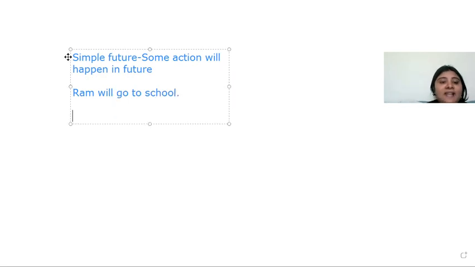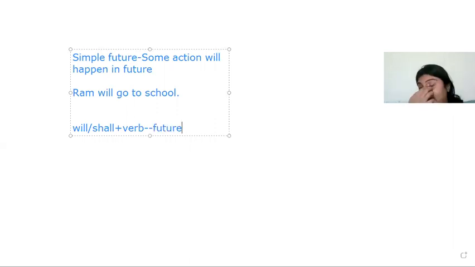Okay. So we can see we have to add a will or a shall. Generally nowadays we don't add shall, but generally we need to add a will or shall with my word to make it a future tense. So it is very easy, nothing difficult. We just need to add a will or shall with the verb in future tense.